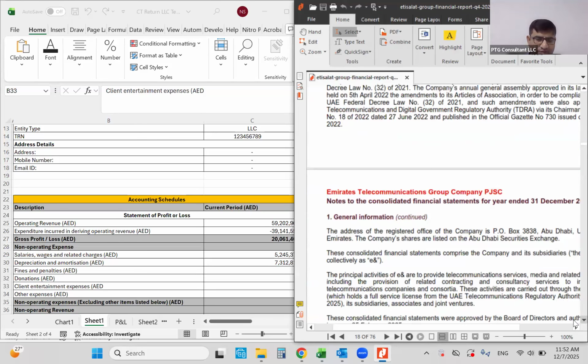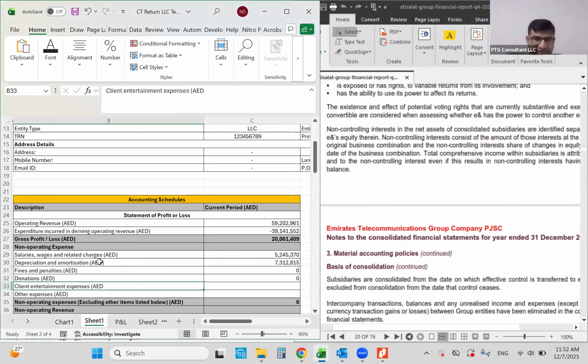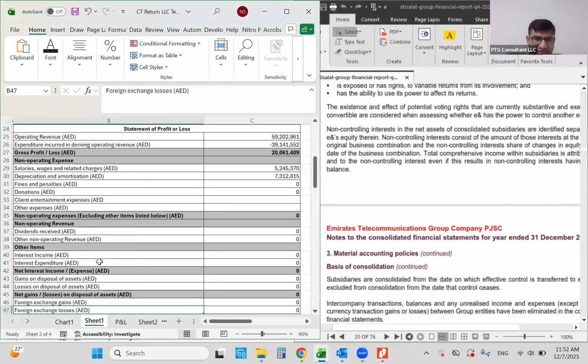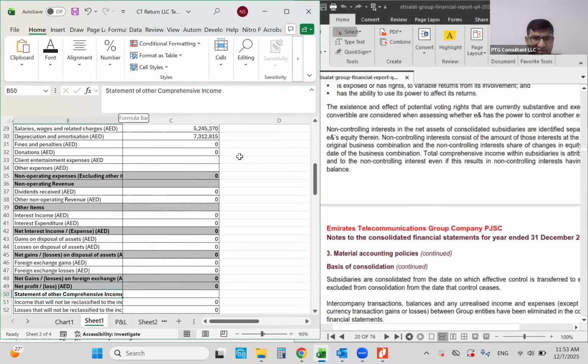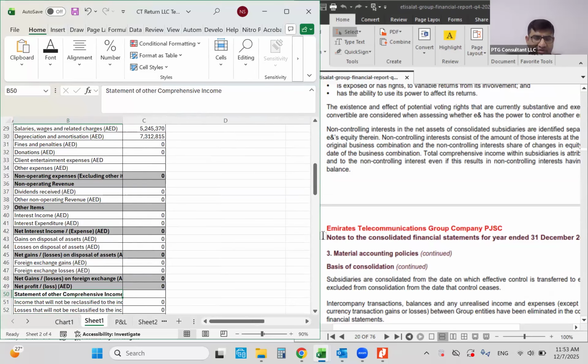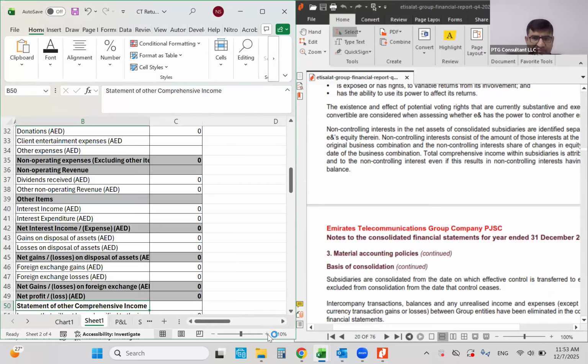Can you scroll down this Excel file a little? Reduce the width of B and C as well. Now zoom 120 or something like that for the Excel.